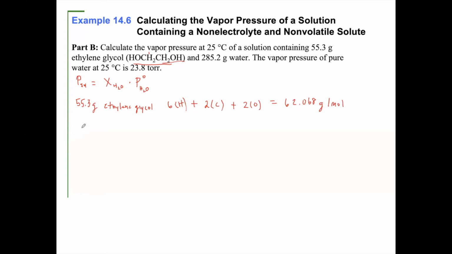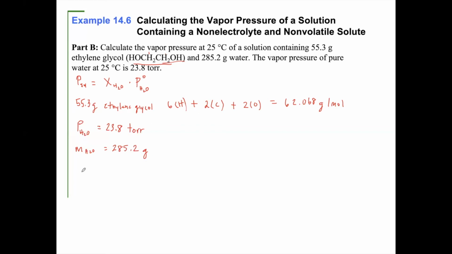The vapor pressure of water is 23.8 torr. So the pressure of the water is 23.8 torr, and the mass of the water is 285.2 grams. We've been given the pressure of the water and we need to find the mole fraction, so we need to find the moles of the ethylene glycol.